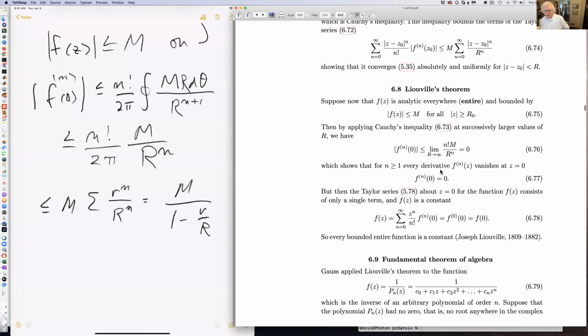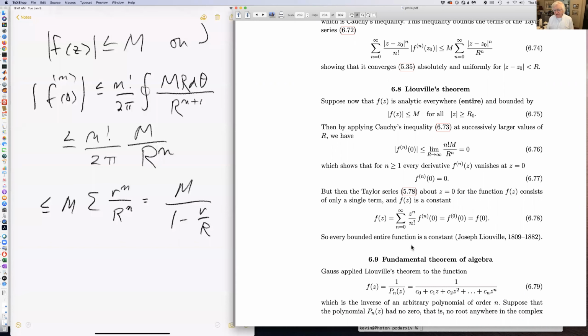So this was Liouville's theorem, which says that every bounded function that's analytic everywhere is a constant. In other words, if the function is entire, so it's analytic everywhere, you can apply Cauchy's inequality.